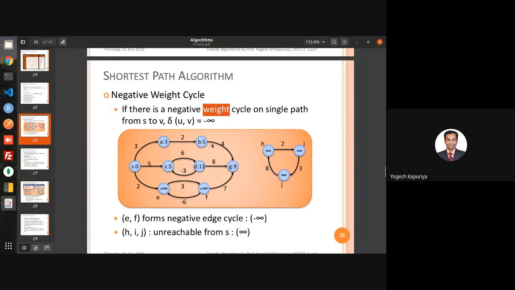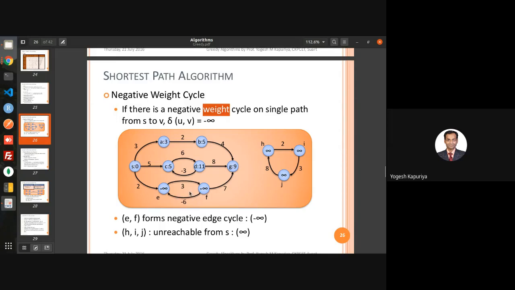Also, the graph can be directed as well. Directed means that every edge has some direction associated with it. So basically, this is a directed graph because each edge has a direction. Also it is a weighted graph because each edge has some weight, and this weight can be negative as well.